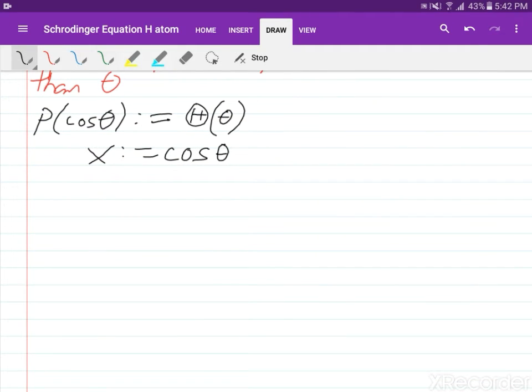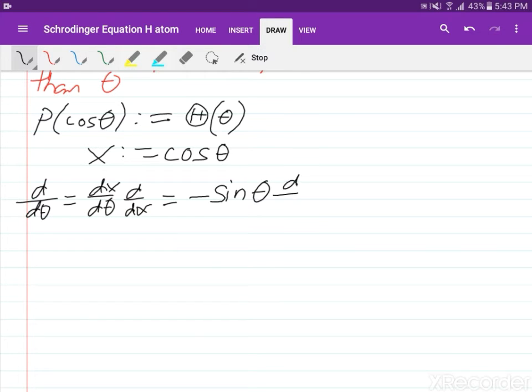By doing that, our derivative with respect to theta can be written as dx d theta times d dx, and this can be written as minus sine theta d dx.